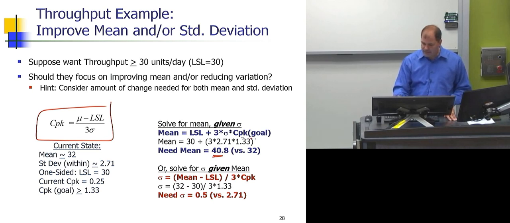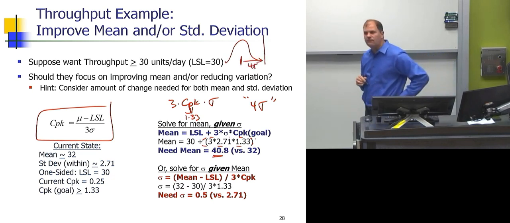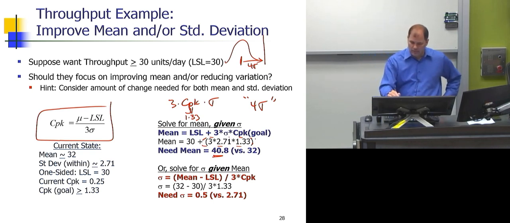By the way, if I look at this equation, 3 times the CPK goal times sigma, and CPK is 1.33, what you really want is a distance of 4 sigma between your mean and your spec limit.